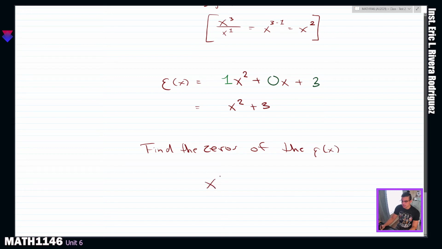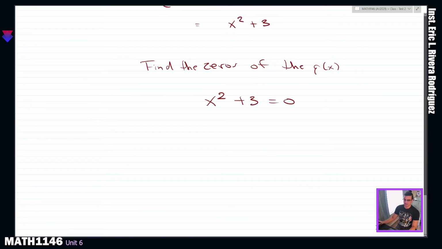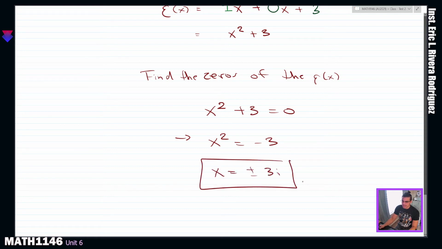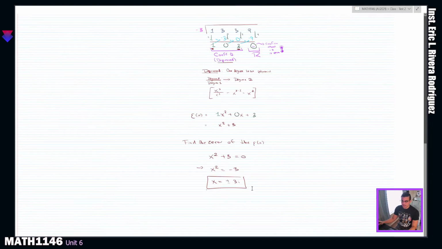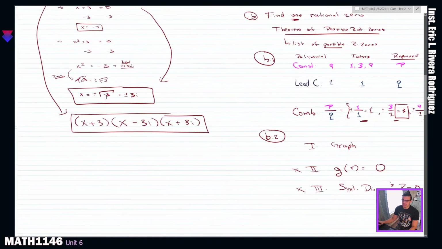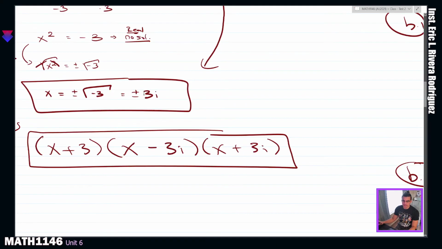Okay, so what we need to do in this case, this is a quadratic equation, but it only has 2 terms, so we don't need to use the quadratic formula. We need to do this, and look what we are getting. We are getting x equals plus or minus 3i, which is the same as what we got here, right?